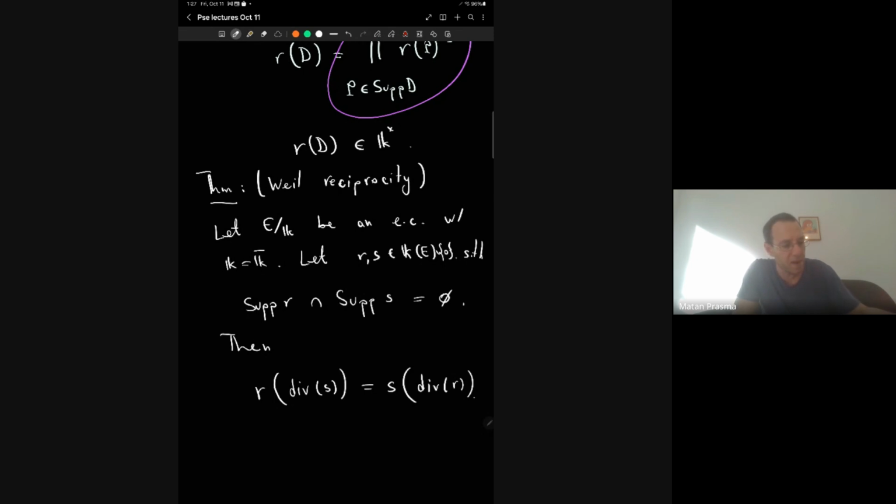So this is in fact a property of rational functions on any algebraic curve. We will skip the proof of Weil reciprocity and get right to the other definition of the Weil pairing, and this goes as follows.